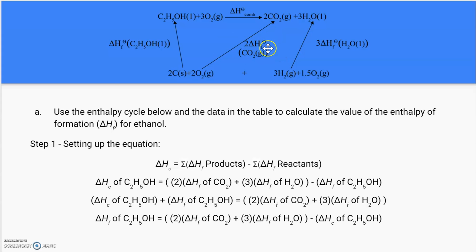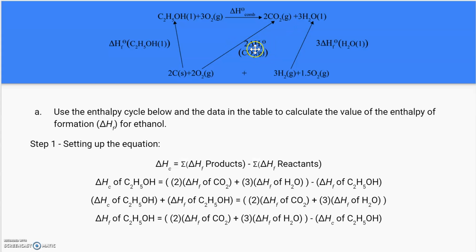So here we have 2 times the enthalpy of formation of carbon dioxide, because there's a coefficient of 2 in carbon dioxide, plus 3 times the enthalpy of formation of water, because there's a coefficient of 3 in the water of the products. If we add those 2 quantities, we'll get the total enthalpy of formation of the products.